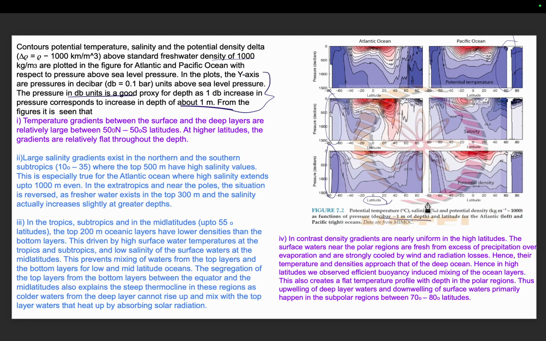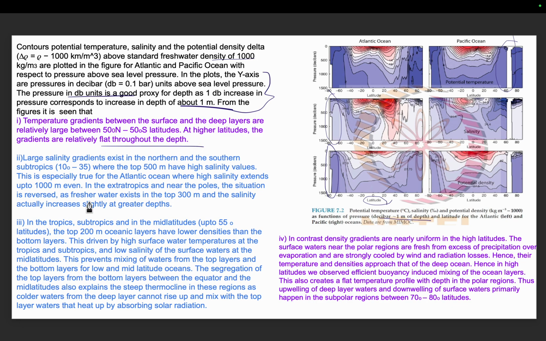From this figure, you can see that the temperature gradient between the surface and the deep layers is relatively large between 50 degree north and 50 degree south latitudes. At the higher latitudes the gradients are relatively flat throughout the depth.